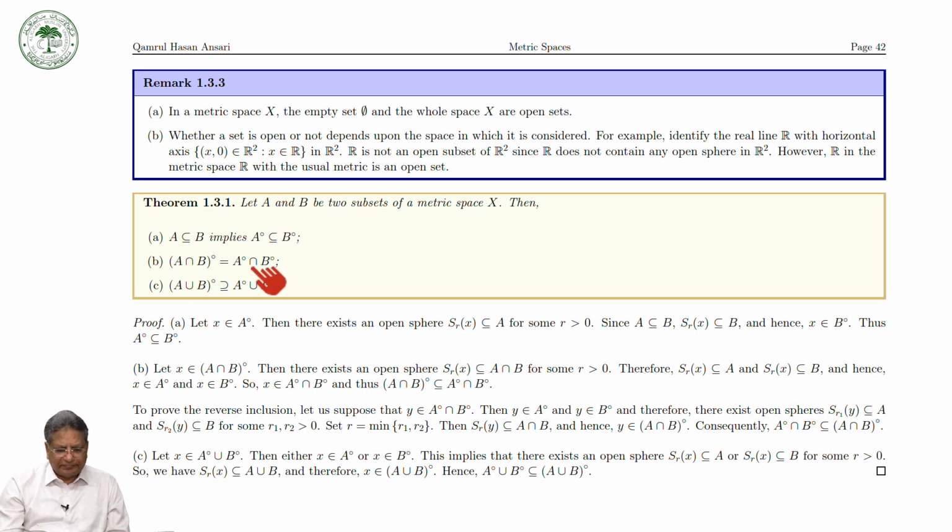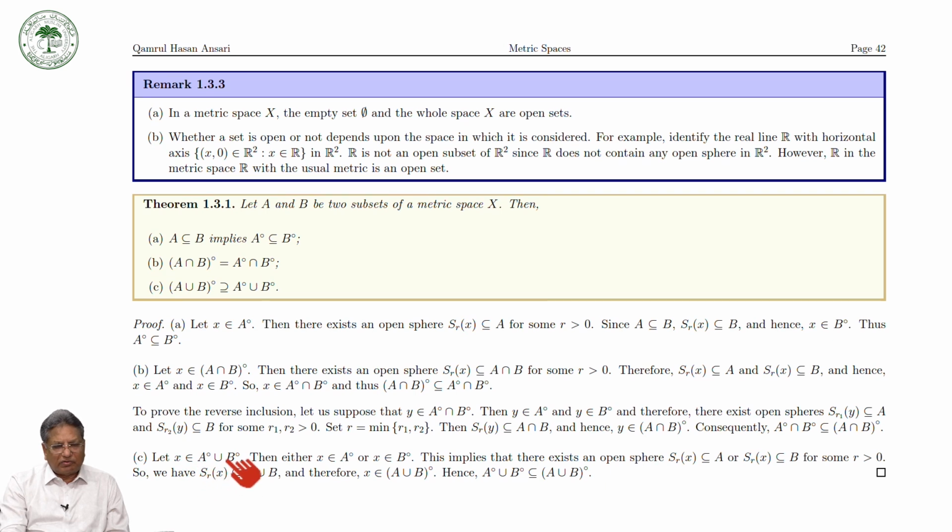Now to prove the C part, let us take X in interior of A union interior of B. Then X is either in interior of A or interior of B. So this implies that there exists an open sphere with center at X and radius r lying in A or in B for some r, and hence the open sphere lies in A union B. Therefore X is the center of some open sphere contained in A union B, and so X is an interior point of A union B, and so this holds good.